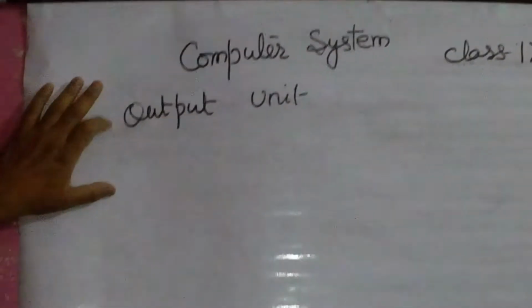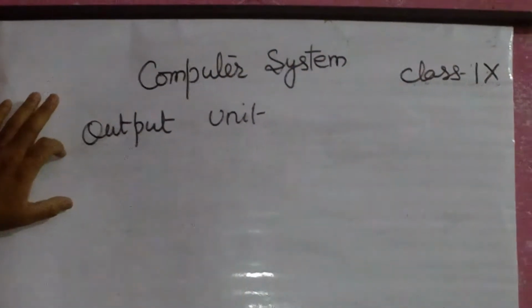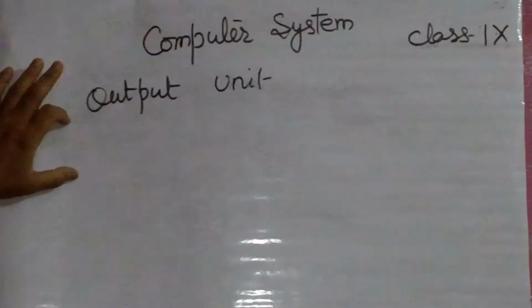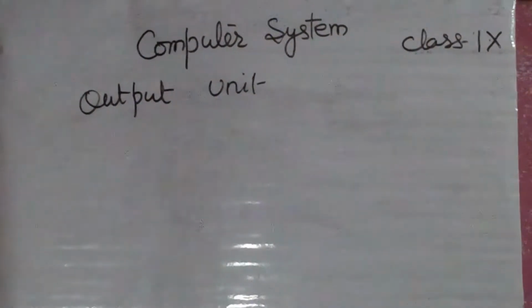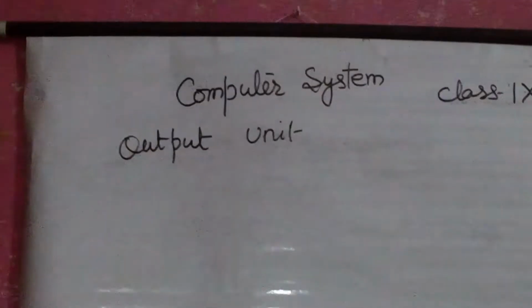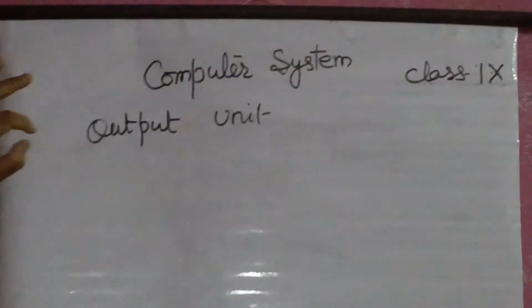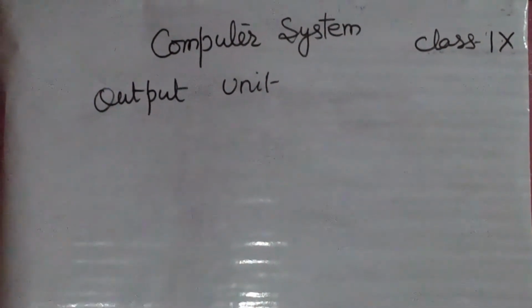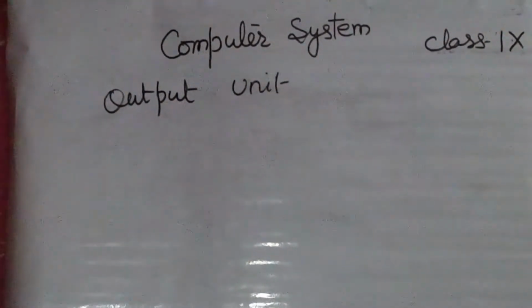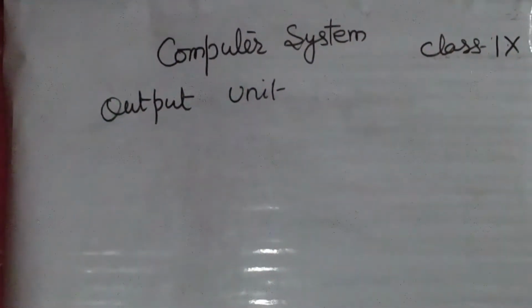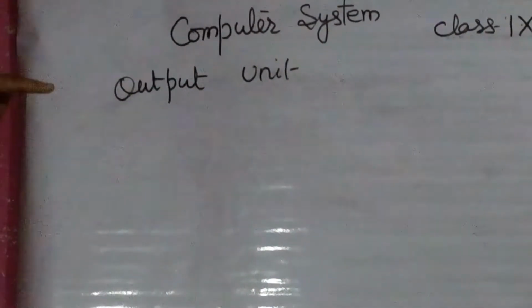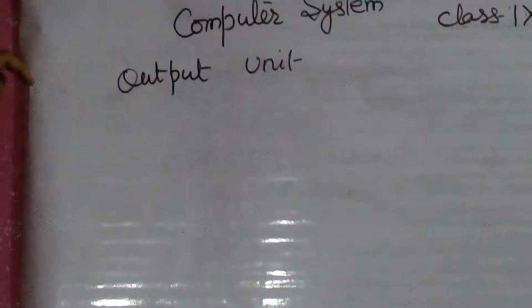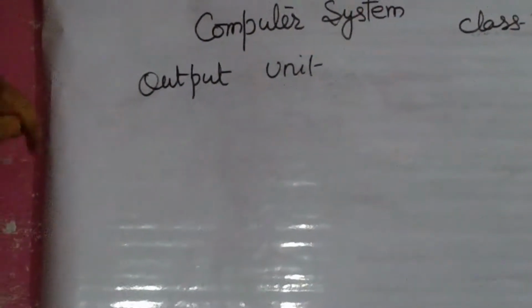Now output unit is the unit in which the user receives the result or output from the data or instruction input from the input unit. After processing, it gives the result. Here communication is performed from machine to user, whereas in input unit, communication is performed from user to machine.